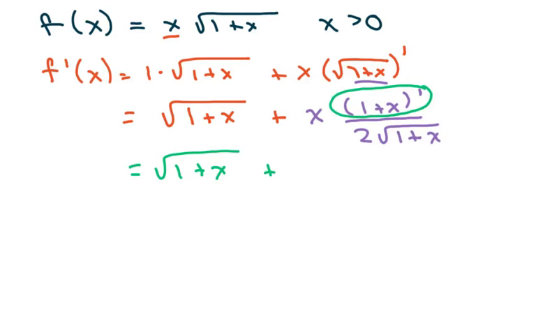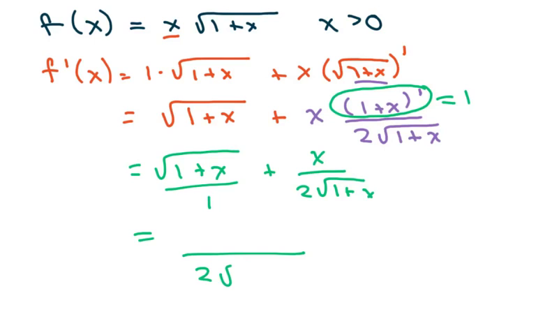So that's just going to be x times that. So that's going to be x over 2 times the square root of 1 plus x, because this equals 1. We take the derivative. Now, you get the common denominator, which is 2 times the square root of 1 plus x.